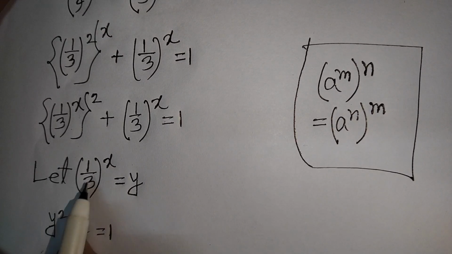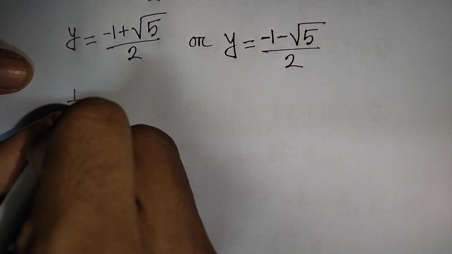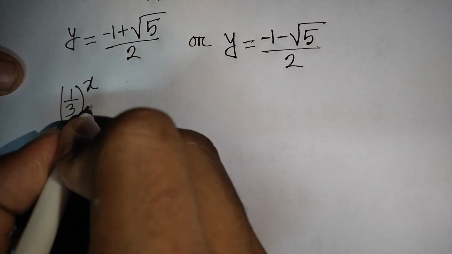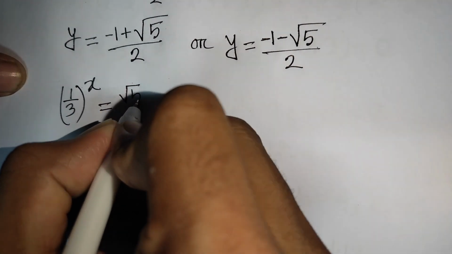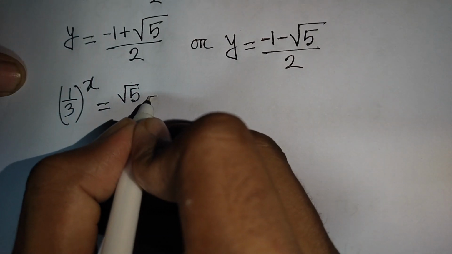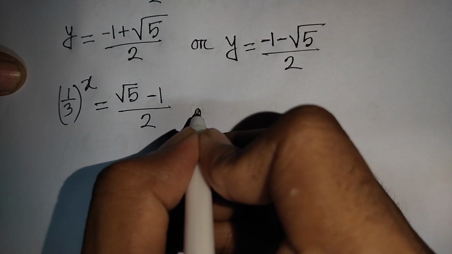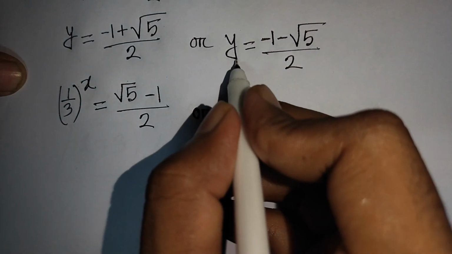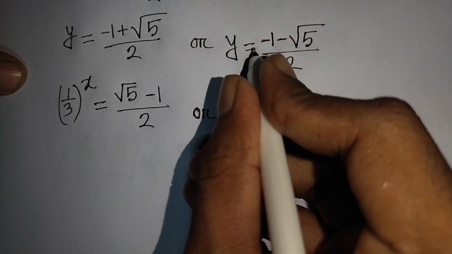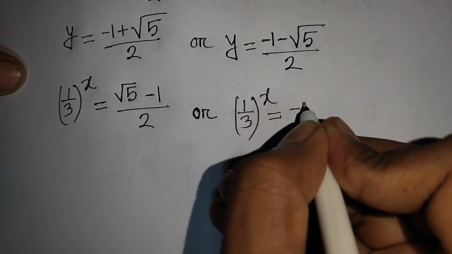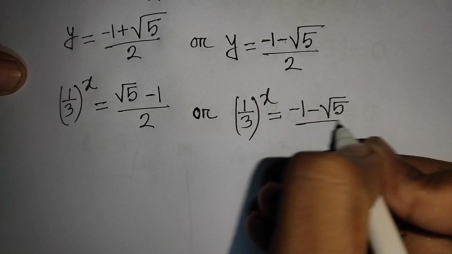So y, that means (1 over 3) bracket power x, is equal to (square root of 5 minus 1) divided by 2, or y, that means (1 by 3) bracket power x is equal to (minus 1 minus square root of 5) divided by 2.